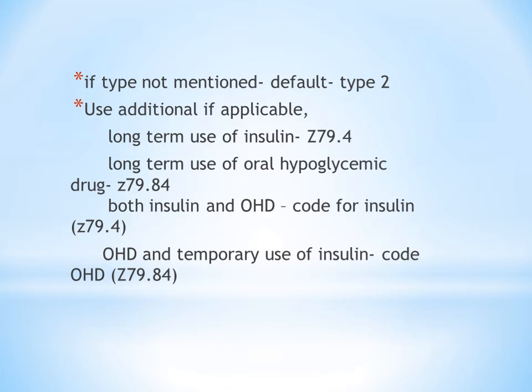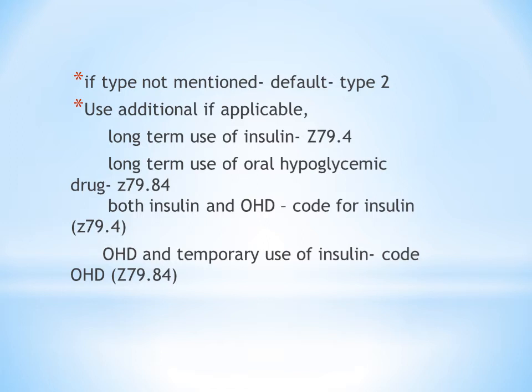The code is Z79.4. So in this case, the first code will be E10 or E11 depending upon the type, and the second code will be Z79.4, long-term use of insulin.